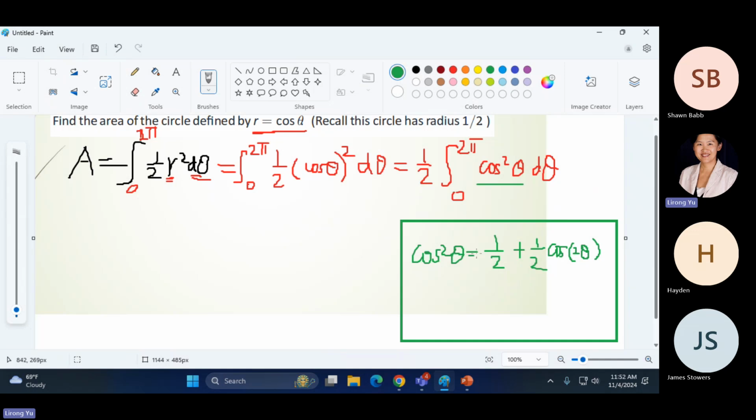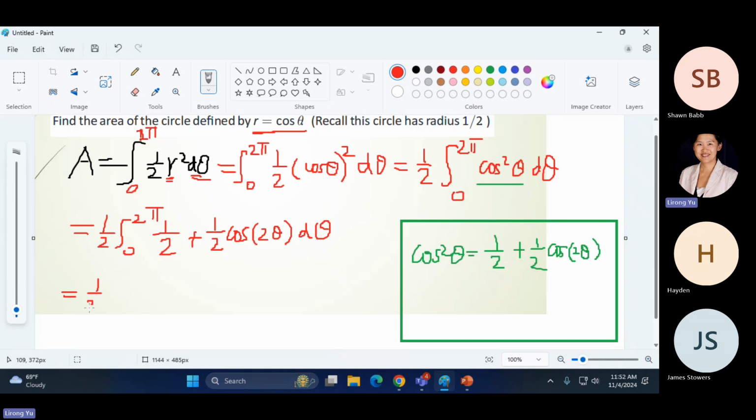We reduce the power by 1, and that's why it's called a power reduction formula. So this is equal to 1/2 times the integral from 0 to 2 pi of 1/2 plus 1/2 cosine 2 theta d theta. After we reduce the power, we can then integrate it.